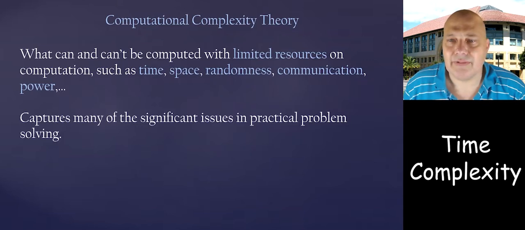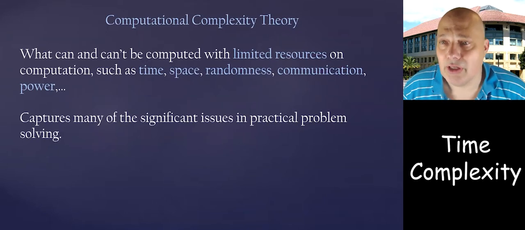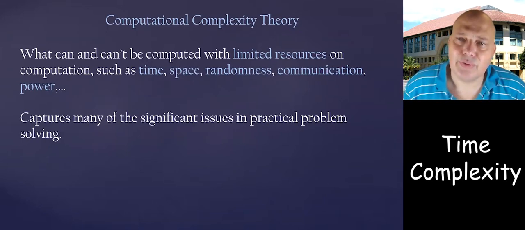And the theory is trying to capture many issues in practical problem solving, because we do want to answer all of these questions. And we want tools that will be robust enough so we can apply them even when technology changes.